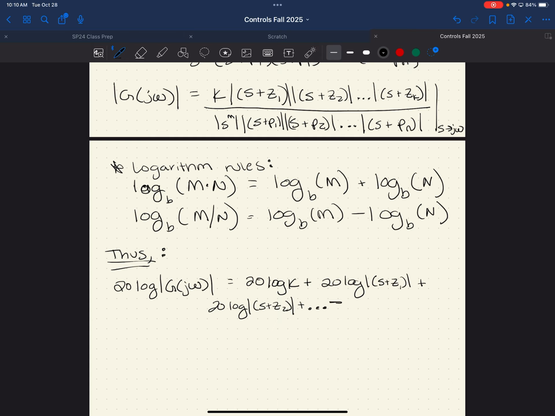And then I start subtracting the poles. So minus 20 log, I have a pole at 0, minus 20 log the other pole, and on and on until you get to all of your poles, given that I'm plugging in s as j omega.